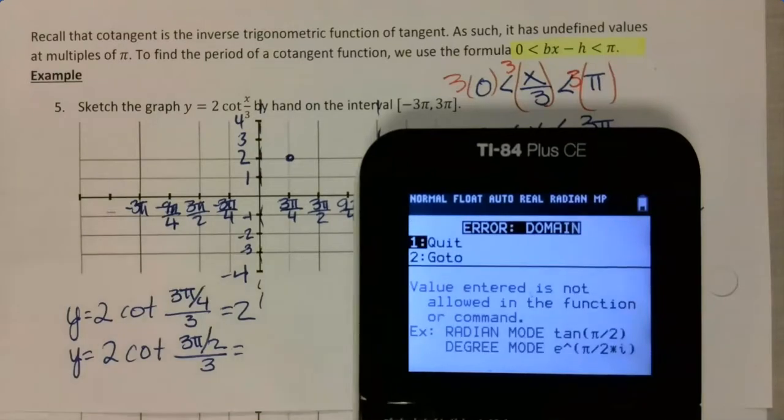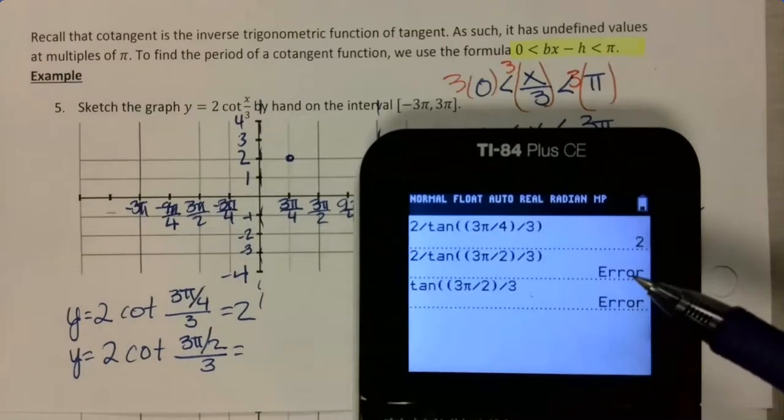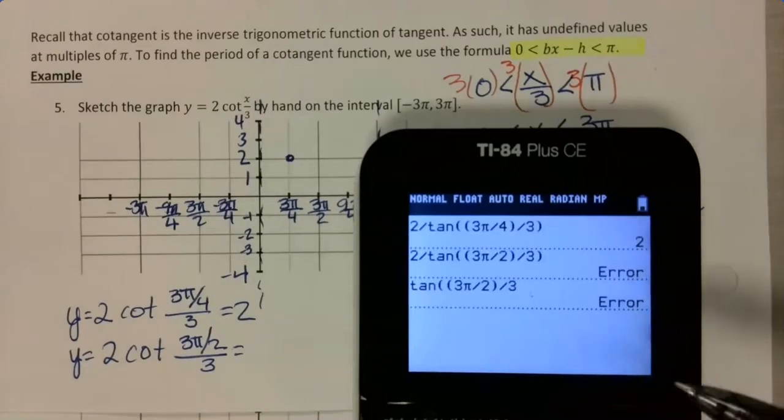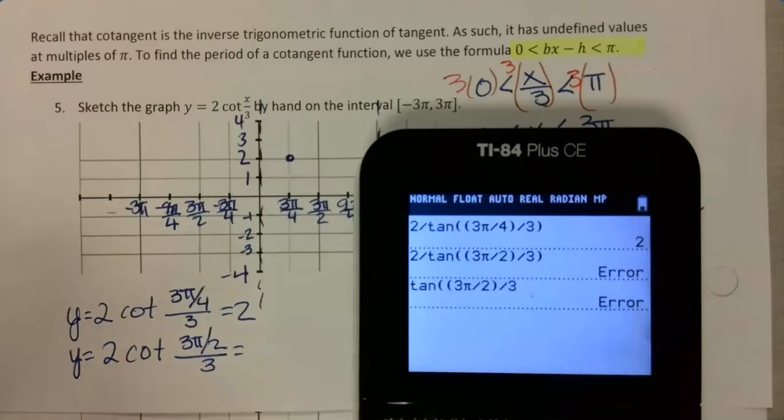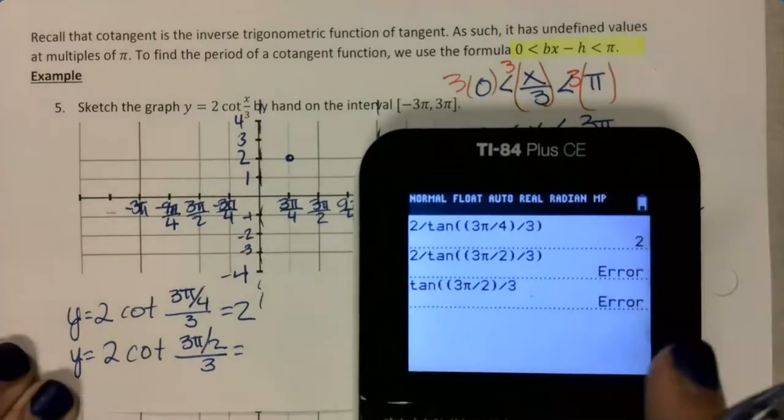Okay, so on this one, when it gave me the error for when I divided by tangent, I needed to check to see if it gave me the error for tangent as well. This one means that tangent is normally undefined there, which means the 0 is on the bottom of the denominator. When I turn it into cotangent, the 0 moves to the top. So if it gives me an error when I'm dividing by tangent, this really means 0.